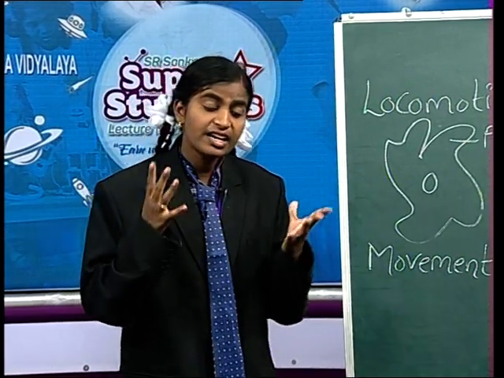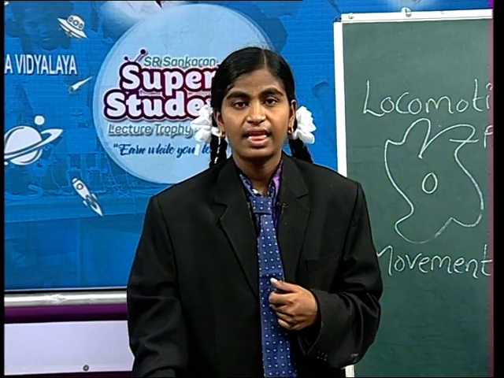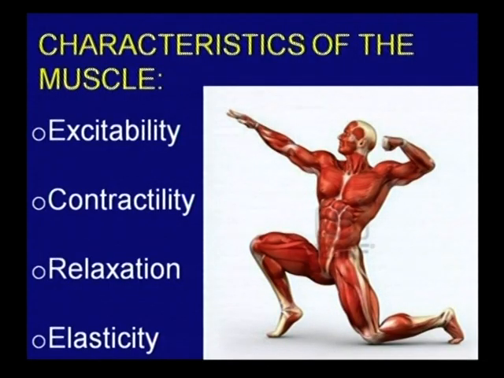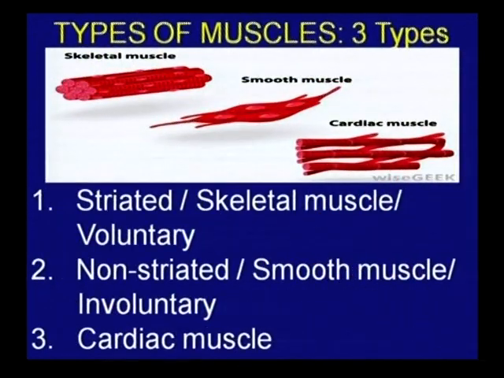Muscles have some special properties. They are excitability, contractility, relaxation and elasticity. These are the 4 properties of muscles. Friends, muscles are of different types. Some of them are the muscles which have striations.